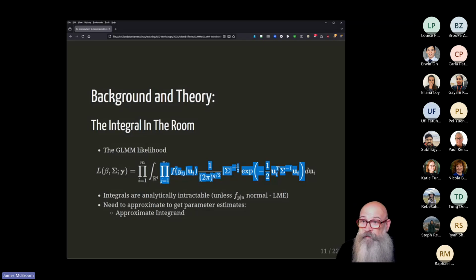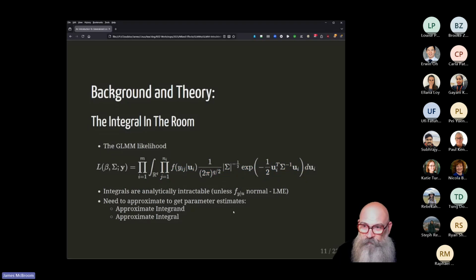But so one way is to muck around with the integrand, do things to it to make it look like an integral that we can solve. Okay. The other way is to just go straight ahead and approximate the integral using a generic term for numerical integration, that we call quadrature or cubature, depending on which part of the mathematical world you live in.